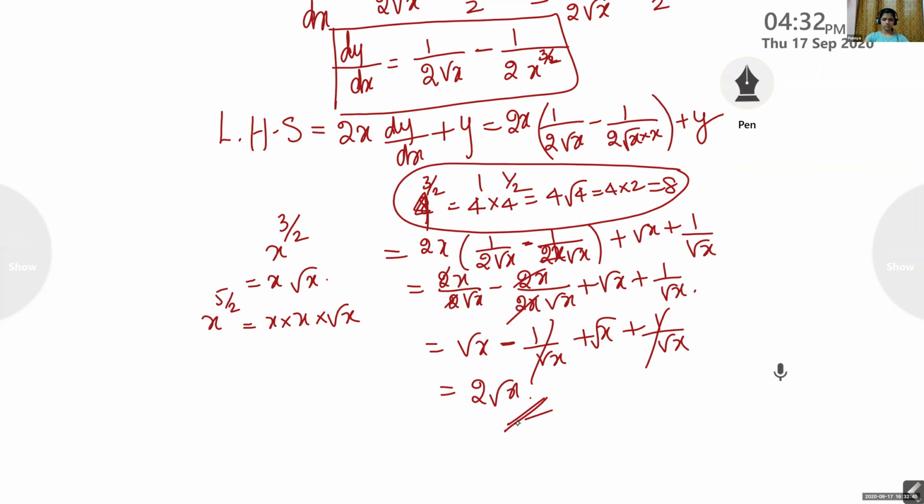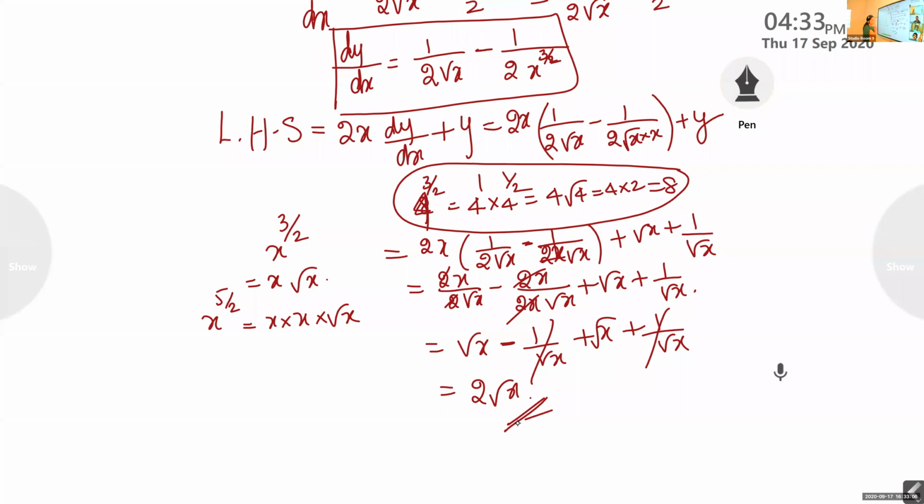Yes, ma'am. Okay, what I was explaining is x raised to 3 by 2. 3 by 2 means it is 1.5. How can we write this? x into root x. 1.5, so 1x, and therefore half we can write as root x. x raised to half means root x.